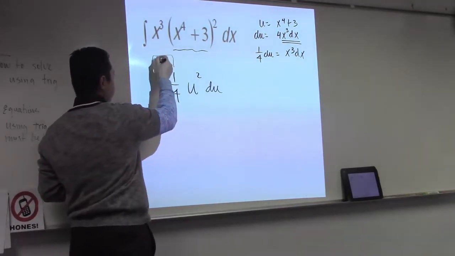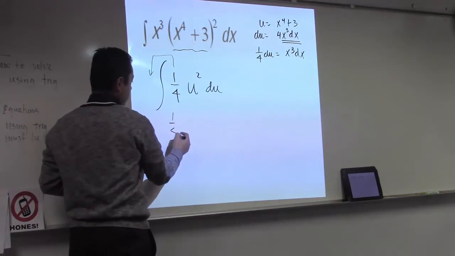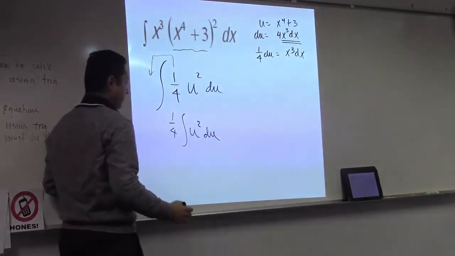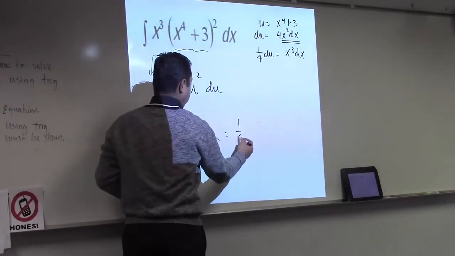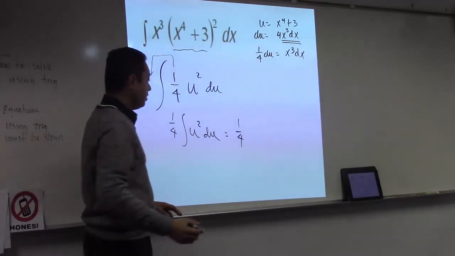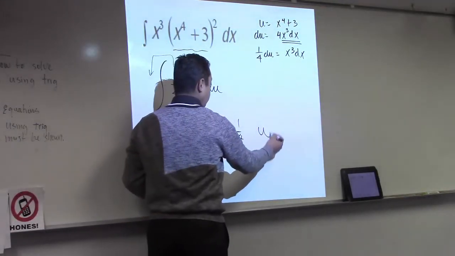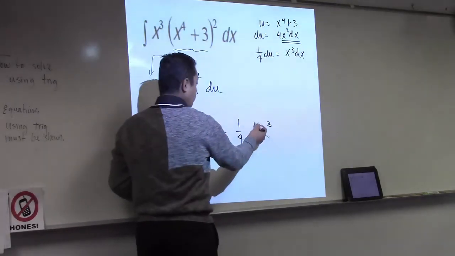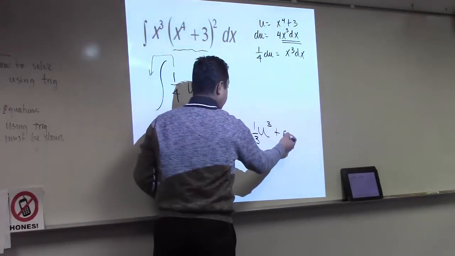So we're going to move this 1/4 outside. And that is 1/4, bump up and divide this u squared. It becomes u cubed, and divide is 1/3, plus c.